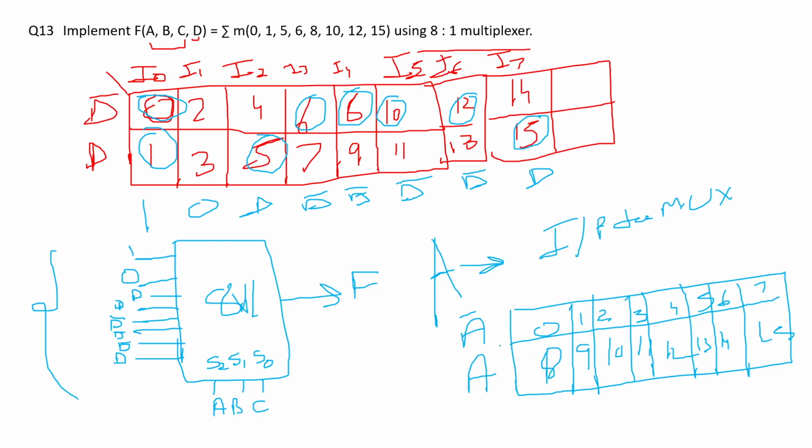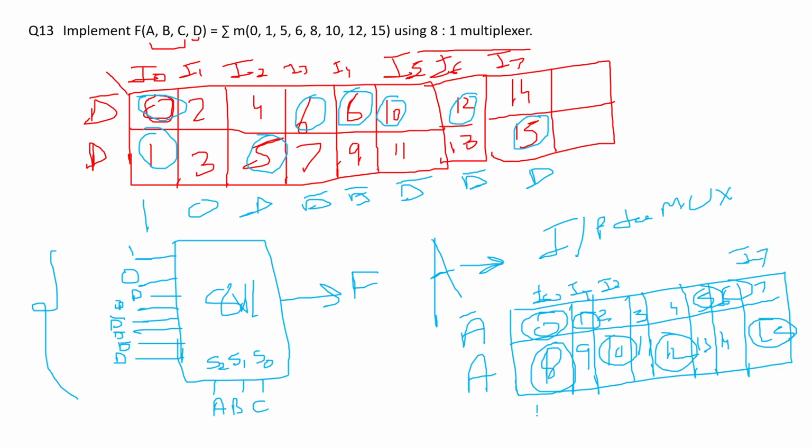And you'll encircle all those bits that are high. So you'll encircle 0, 1, 5, 6, 8, 10, 12 and 15. So this is my I0, I1, I2, and so on up to I7.